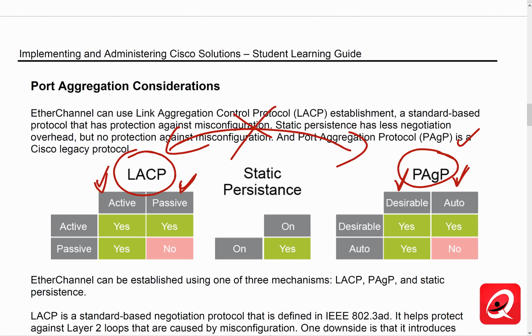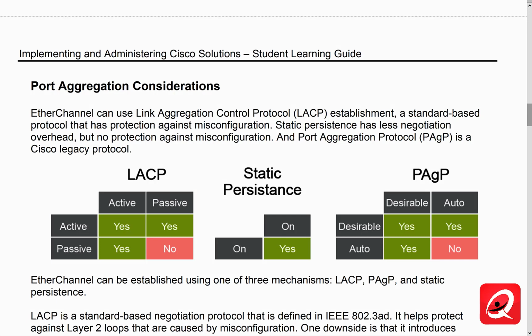Obviously, PAgP being Cisco proprietary, you'd only run it on Cisco devices. So LACP is what most people will use today. And they'll most likely configure both sides of the channel as active, just to ensure that the ether channel is going to form.